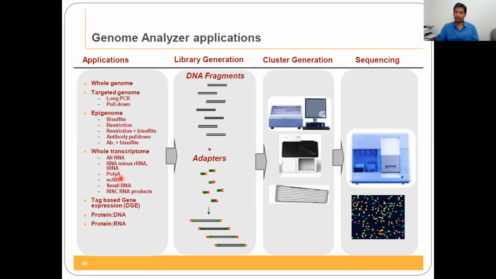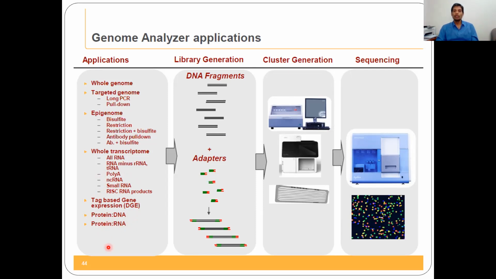There are some technologies, oligo dT technology, so you can capture only the polyadenylated sequences. That means only mRNAs you can collect, and you can exclude the others. You collect only the mRNAs and sequence them, or you can collect only non-coding RNA or small RNA. So many different kinds, or protein-DNA, protein-RNA.